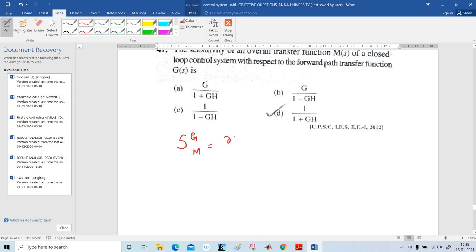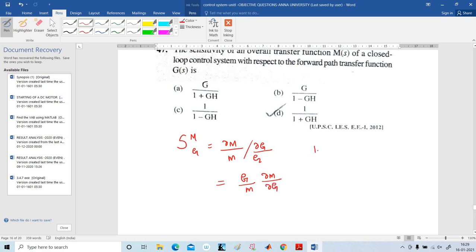That is dou M by M divided by dou G by G. So how to write this? S is G by M into dou M by dou G.